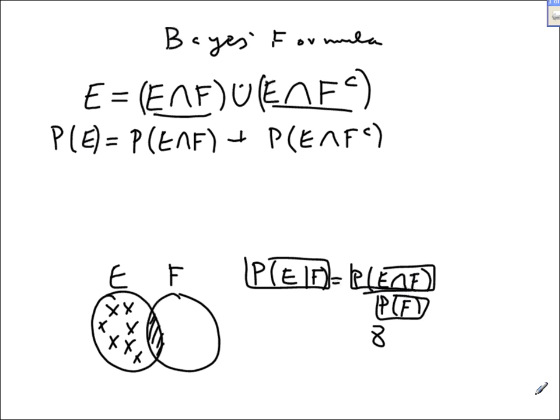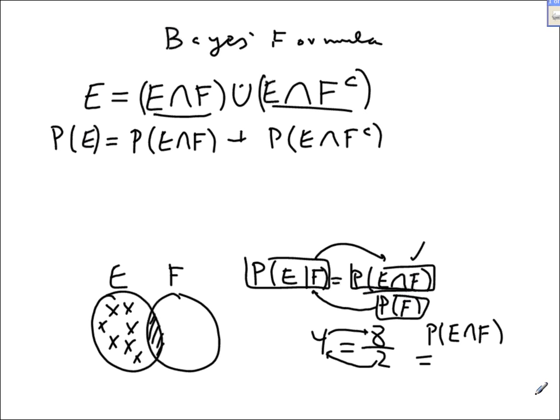Just like 8 divided by 2 is 4, and you can say 2 times 4 equals 8, I can say P of F times P of E given F is equal to P of E intersect F. That is, this numerator, P of E intersect F, is nothing more than this product. P of E given F times the probability of F.